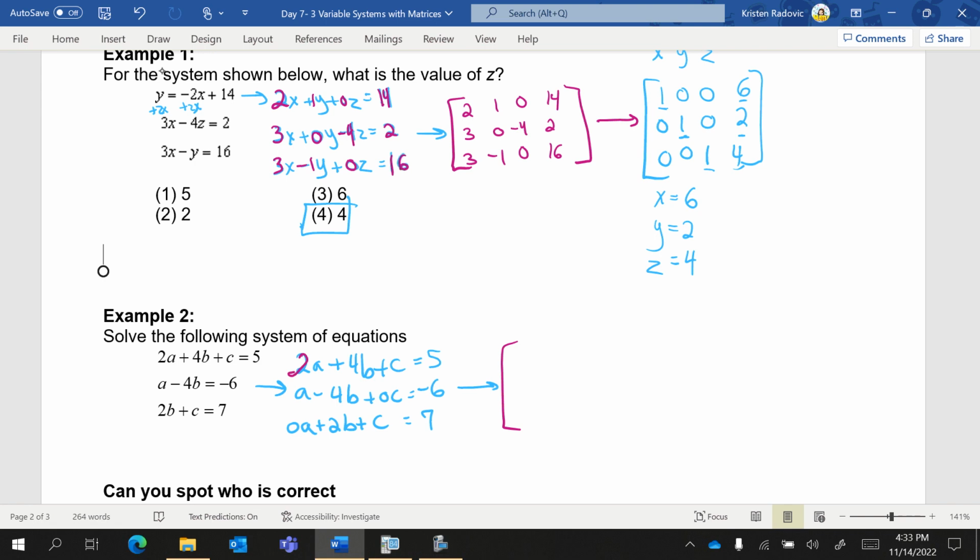Your coefficients are 2, 4, 1, 5. And then we have 1, negative 4, 0, negative 6. Then we have 0, 2, 1, 7.